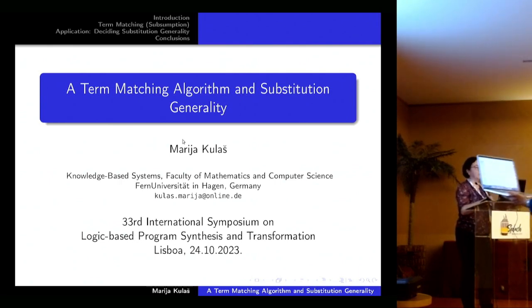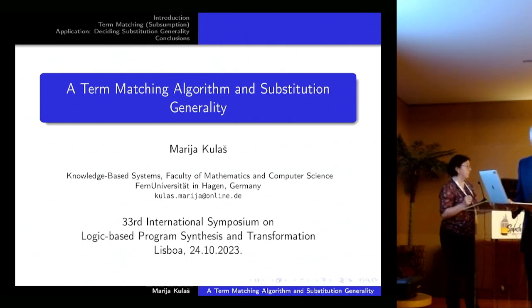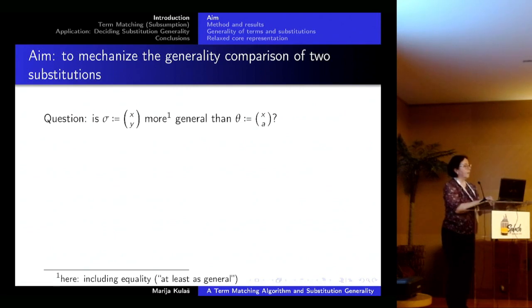And in particular, the question of generality of substitutions, and I present a decision procedure for this. So substitutions will be taken in the traditional view, and that is modeling substitutions as total mathematical functions, and being composed as any other functions.